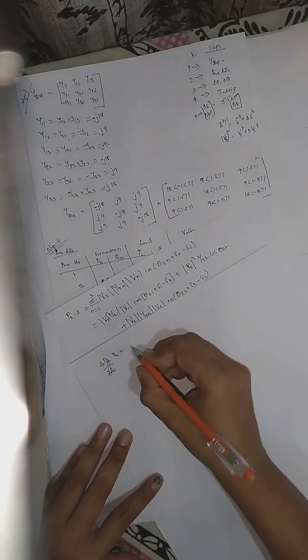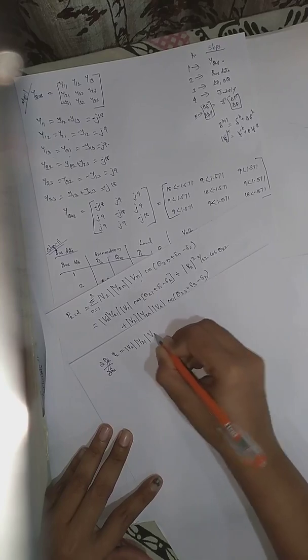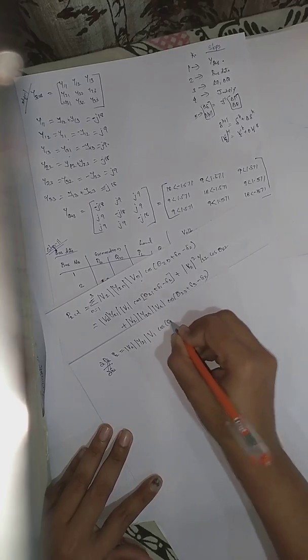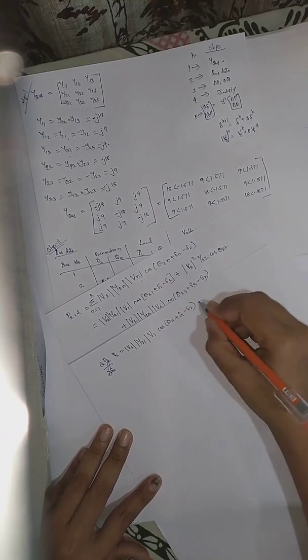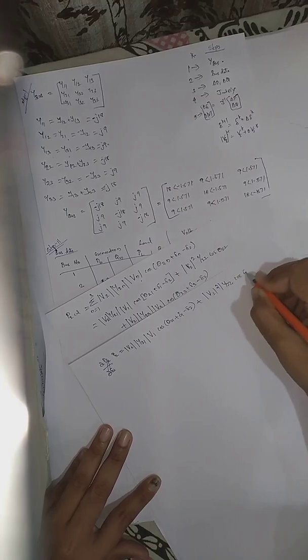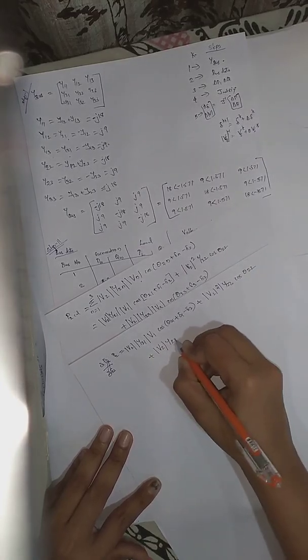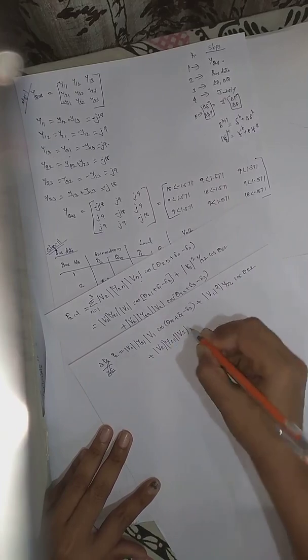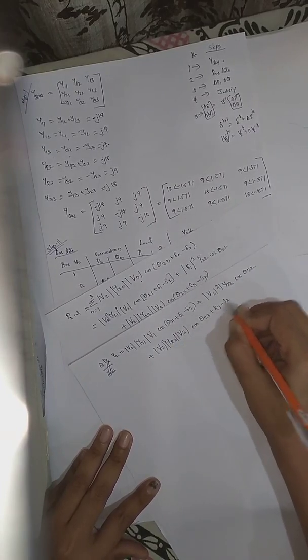So P2 calculated equals V2 Y21 V1 cos of theta 21 plus delta 1 minus delta 2, plus V2 squared Y22 cos theta 22, plus V2 Y23 V3 cos of theta 23 plus delta 3 minus delta 2.